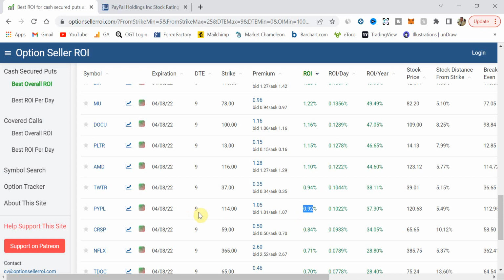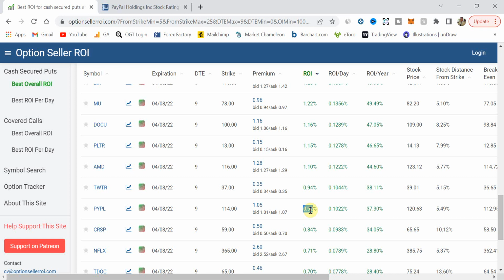If PayPal goes up, okay, I lose out, right? And then I'll either be patient or I'll just buy in at the price that I want. Or worst case scenario is that PayPal does drop, but it drops below 114. Either way, I've just made $105 or 0.992% of my money, regardless, on a stock I want to hold.